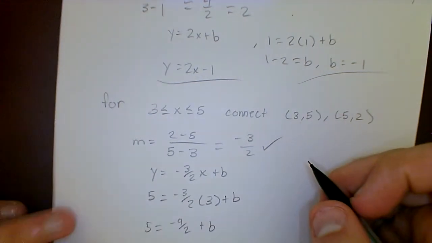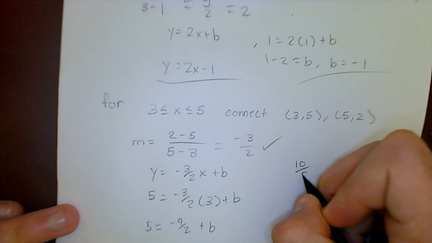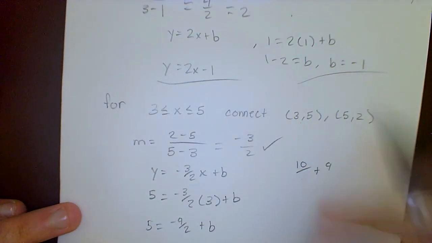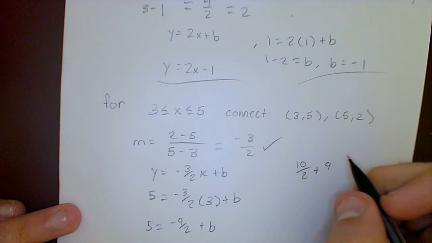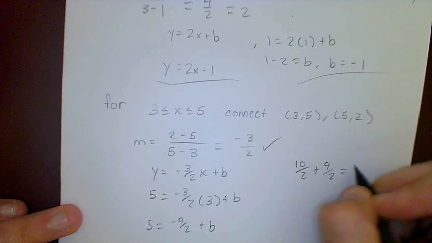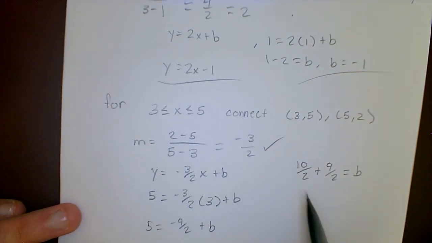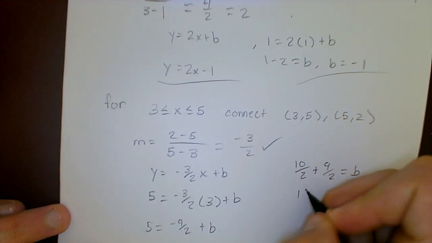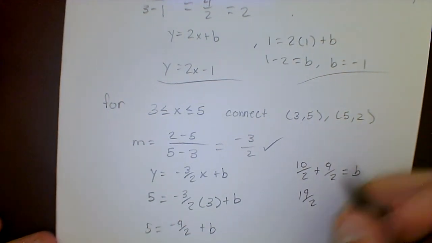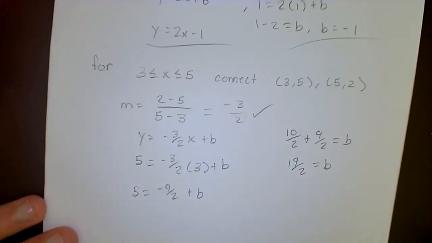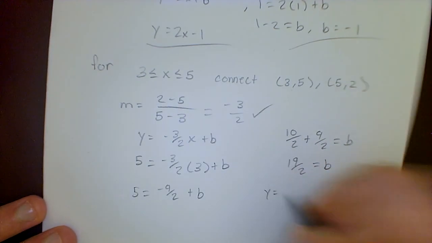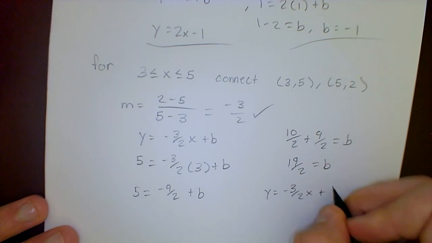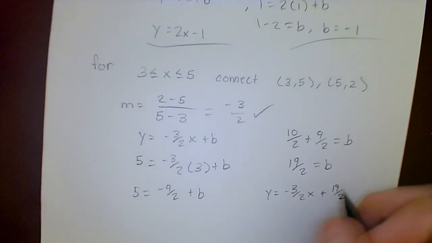So 10 halves, that's 5, plus 9 halves is equal to b. That's after I add 9 halves to both sides and write 5 as 10 halves rather than 5. So this is 19 halves equals b. So our line for this interval is y equals negative 3 halves x plus 19 halves.